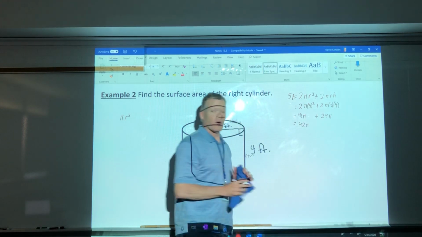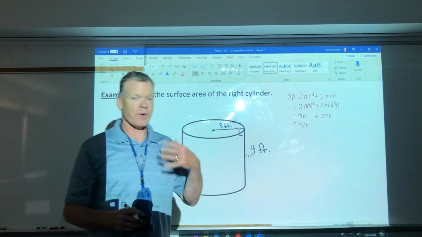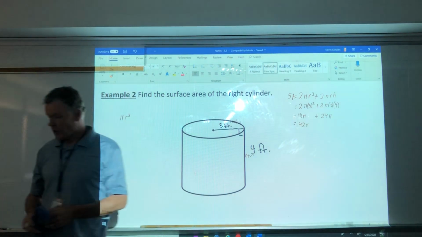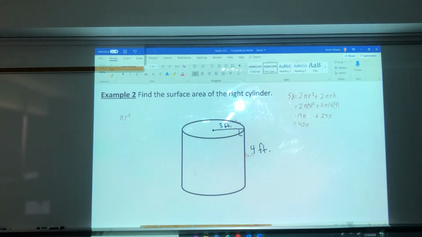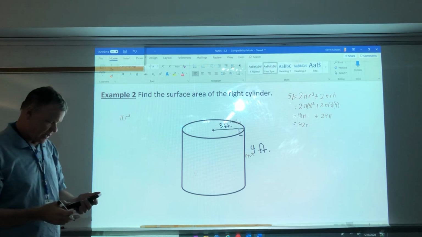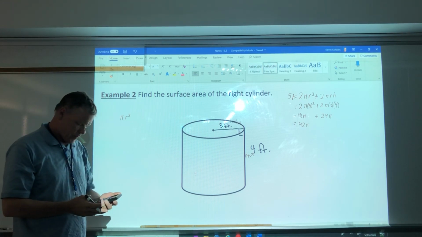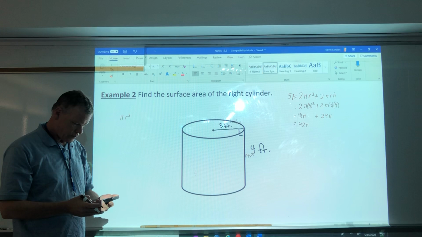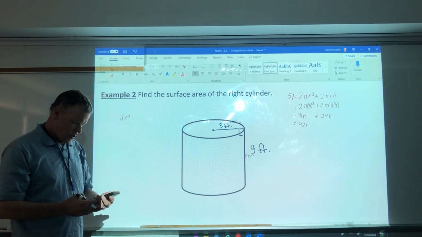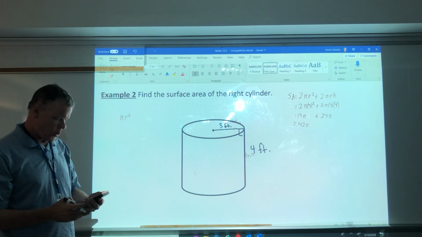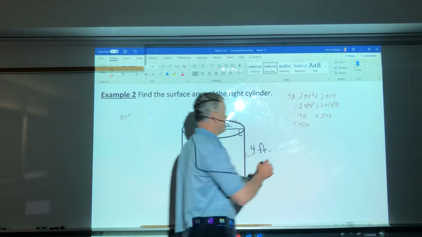And again, we can come up with an exact answer when we multiply the 42 times the pi, and when we get that, we're going to end up getting 131.95.